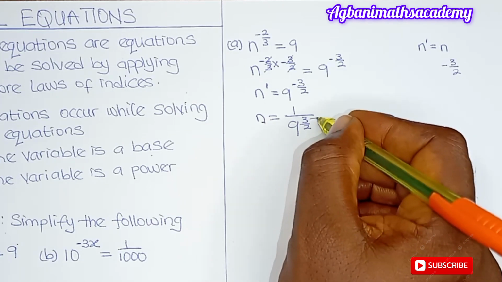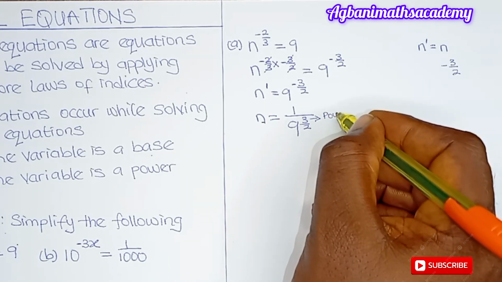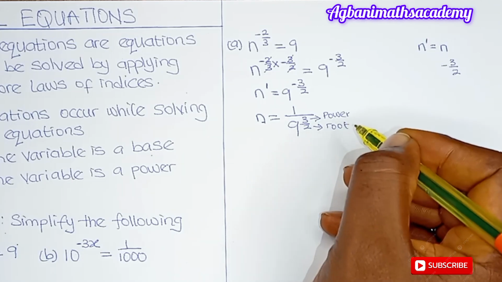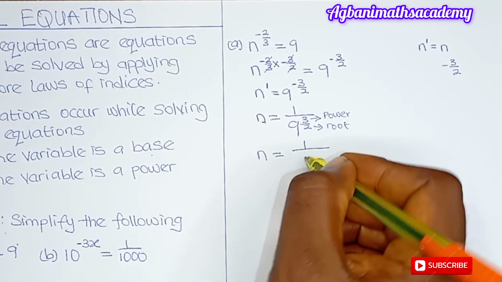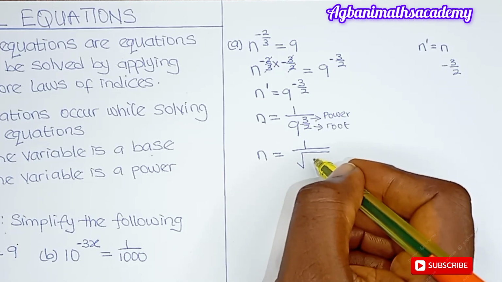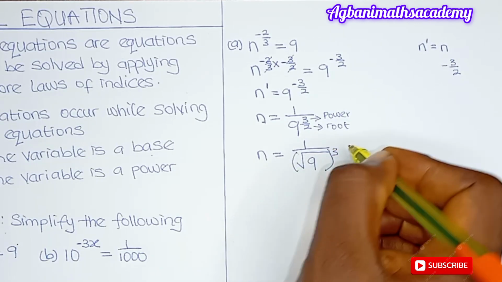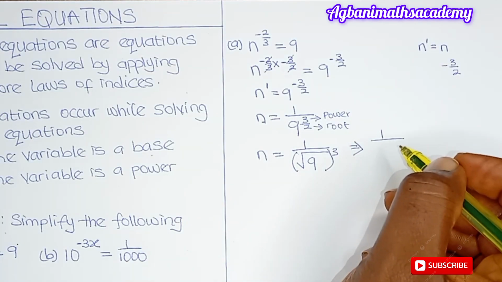Next, we know that when we have a fractional exponent, the 3 here is a power, while the 2 as a denominator is a root. So we are going to apply that. So this means n is equal to 1 all over the square root of 9 to the power of 3. So what would that give us? 1 all over, what is the square root of 9?